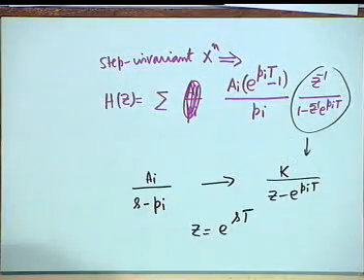So the transformation is from ai divided by s minus pi to a constant k divided by z minus e to the pit. That's what we have derived.